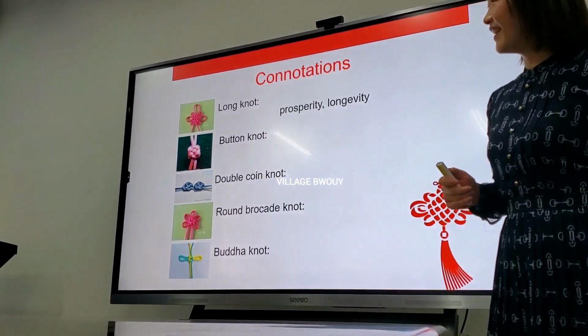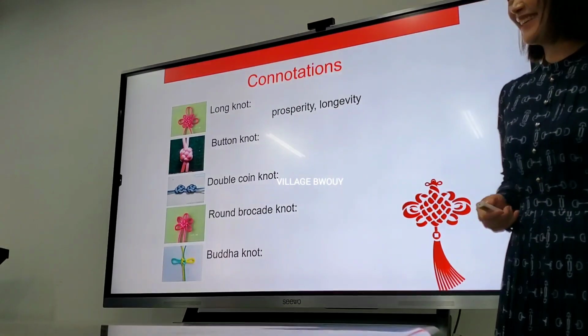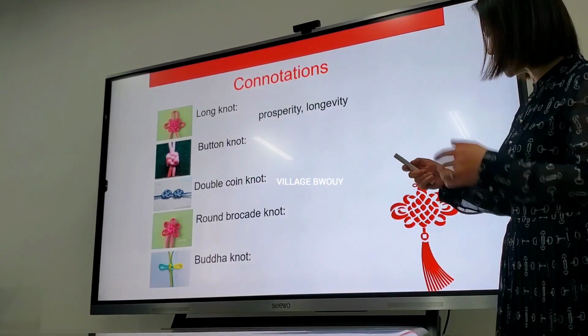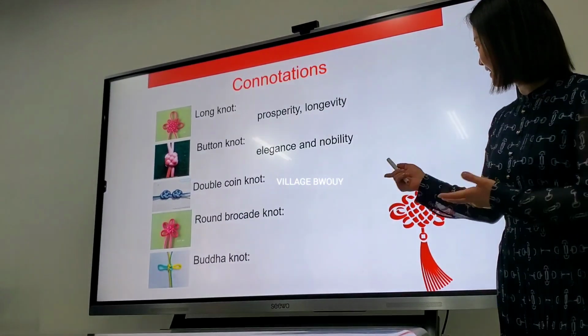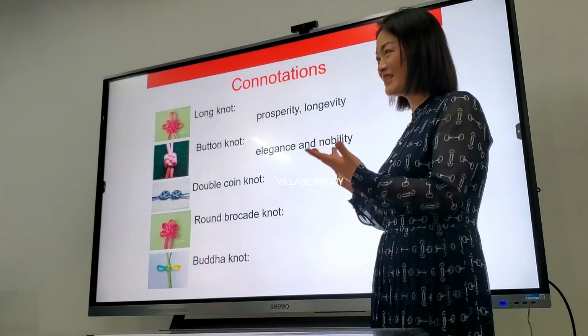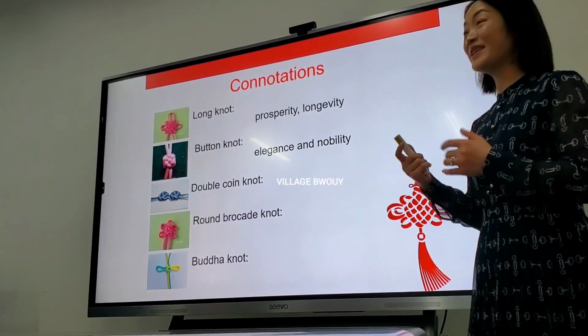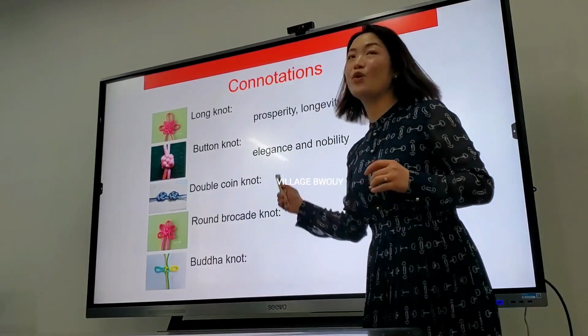Unity. Right, that's a good try. Unity, or elegance, right? Because it's for dresses. Elegance and nobility, and like you said, unity, right?